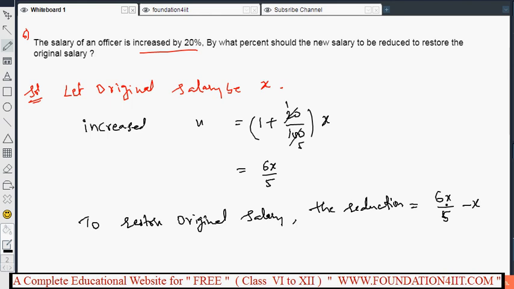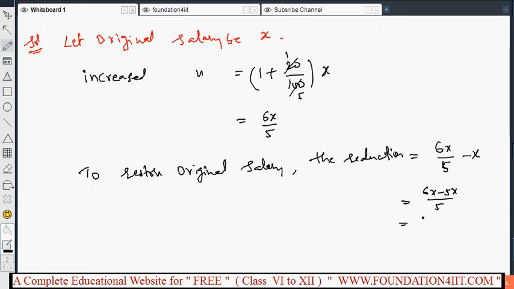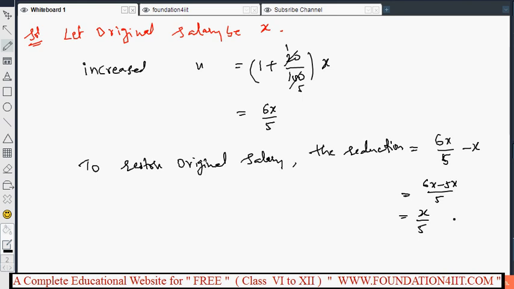This is the part we need to reduce from the salary. That is 6x minus 5x by 5, that is x by 5. So x by 5 rupees we need to reduce.